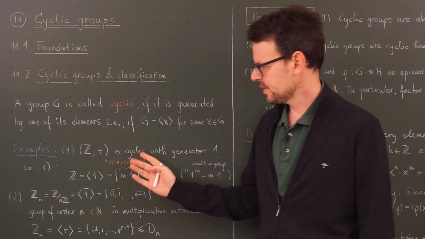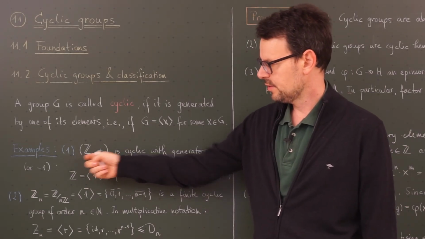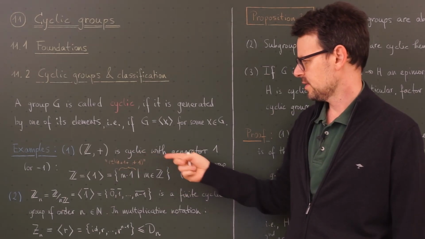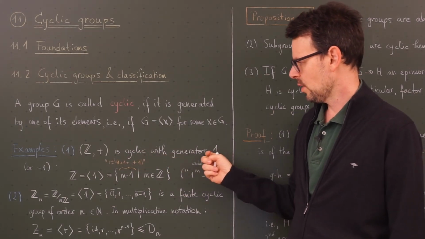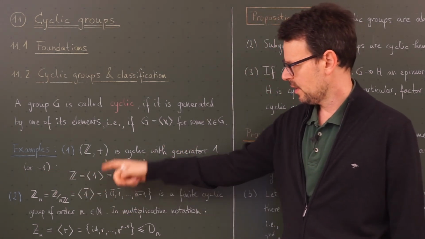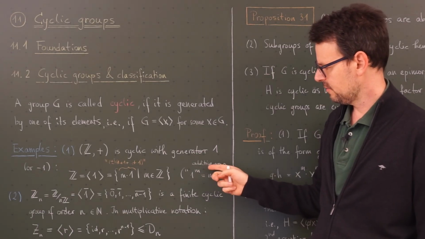A few examples. The first classical example are the integers with ordinary addition. This is a cyclic group with generator 1 or -1 because now it looks a bit different here because we are in additive notation.